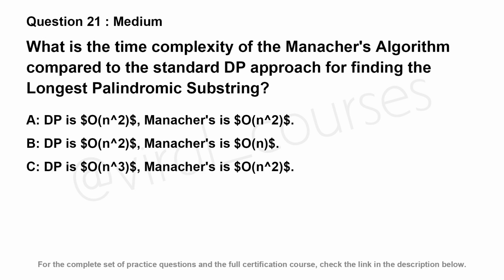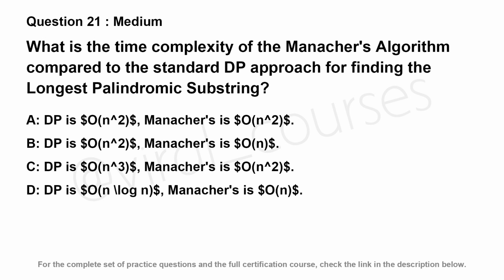Option C. DP is O(n cubed), Manacher's is O(n squared). Option D. DP is O(n log n), Manacher's is O(n).